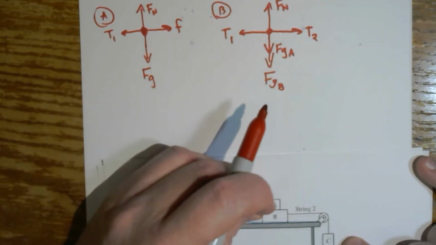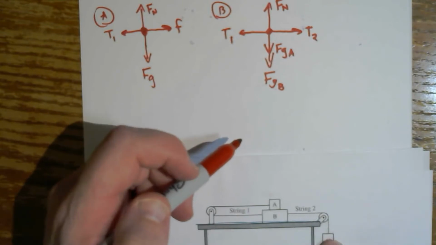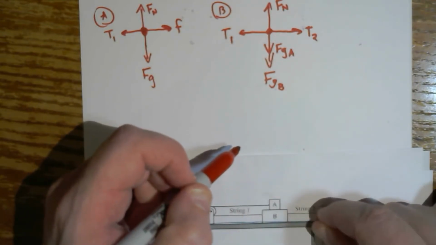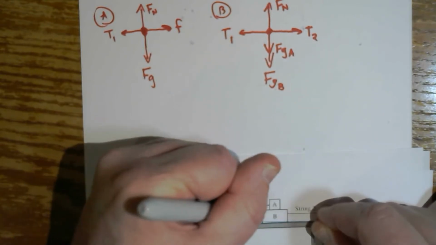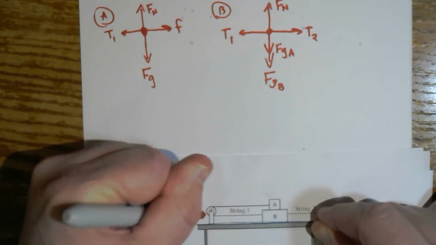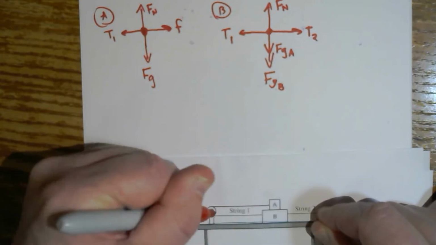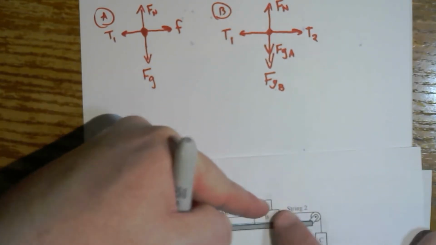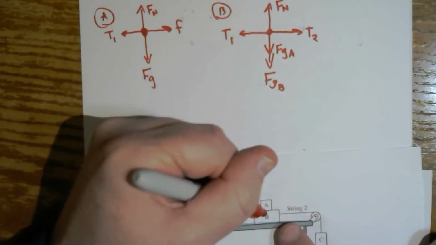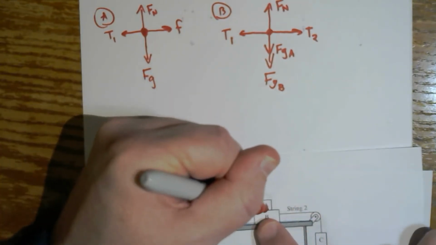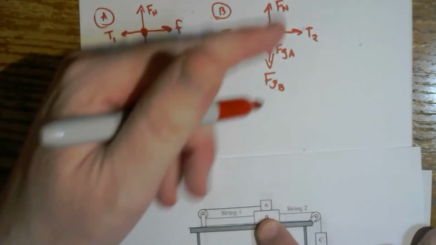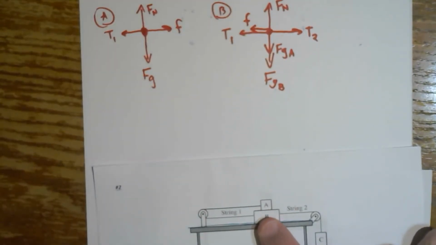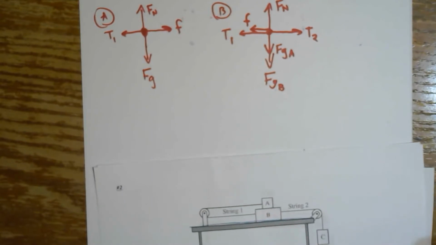Well, if you think about it, if block C pulls down, it's going to pull block B to the right, and block B moving to the right will in turn pull block A to the left. So these two blocks are wanting to come apart from each other. That means block B will have block A sliding across the top and exerting a force of friction to the left.